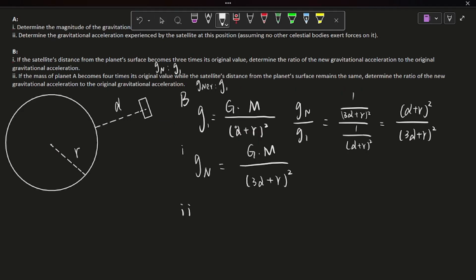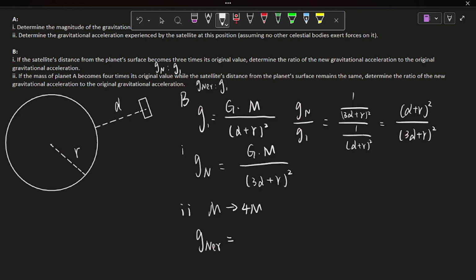Now it says the mass of the planet is 4 times its original value. So now M becomes 4M. Still, we can write the expression for the newer g.